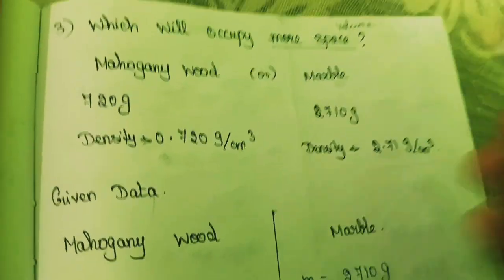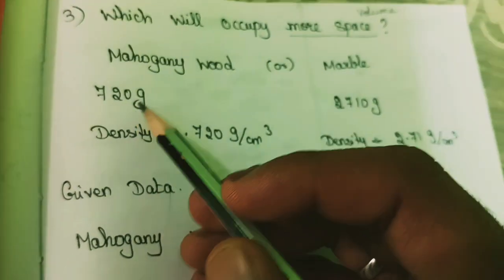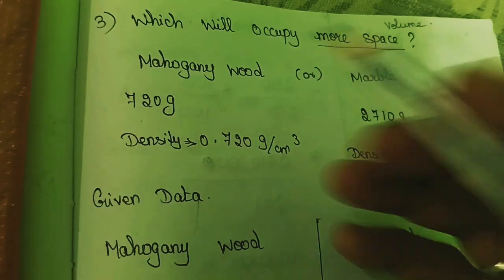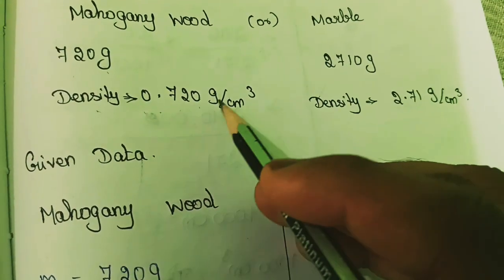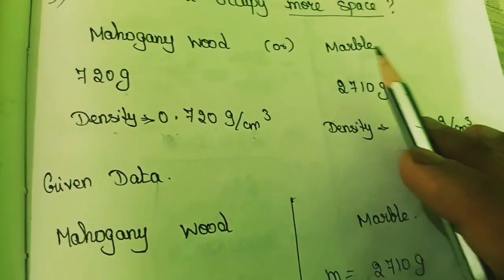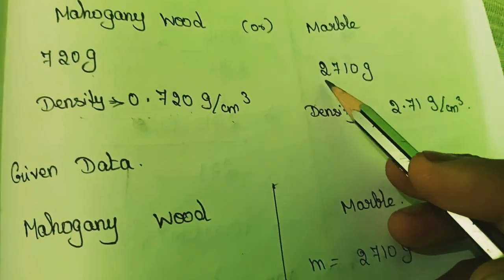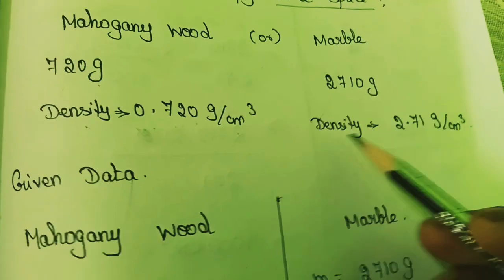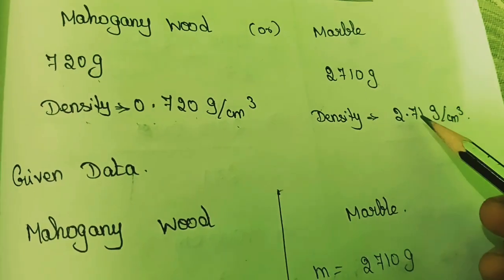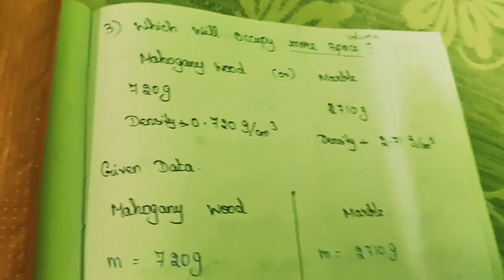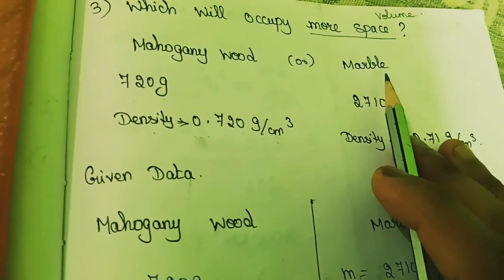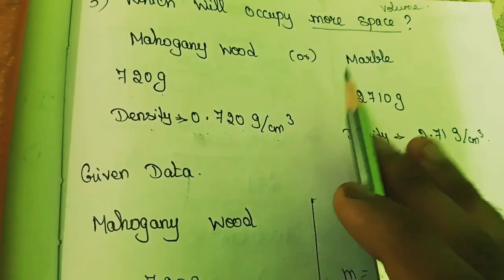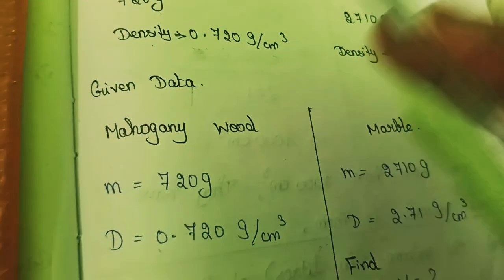They have given data for mahogany wood: 720 gram and density 0.720 gram per centimeter cube. And for marble: 2710 gram, density is 2.71 gram per centimeter cube. They are asking, among these two, which will occupy more space, or which has more volume? That's the question. We have to apply the volume formula and solve this problem.